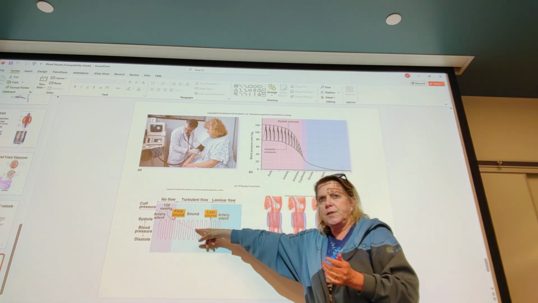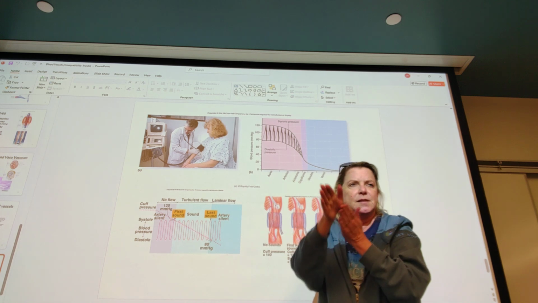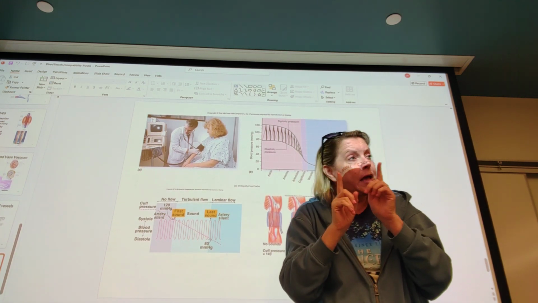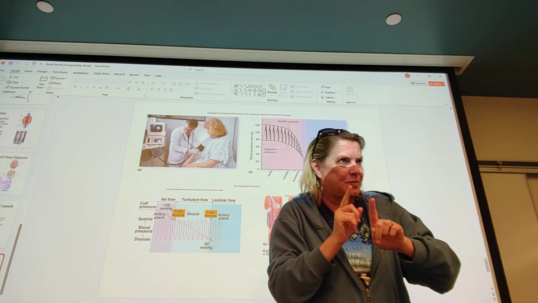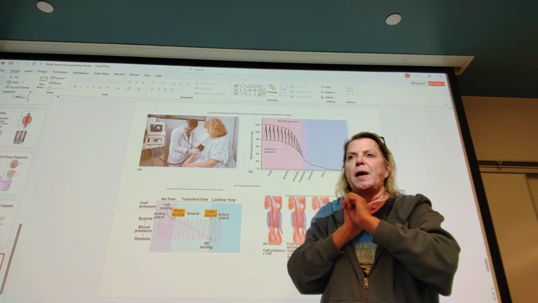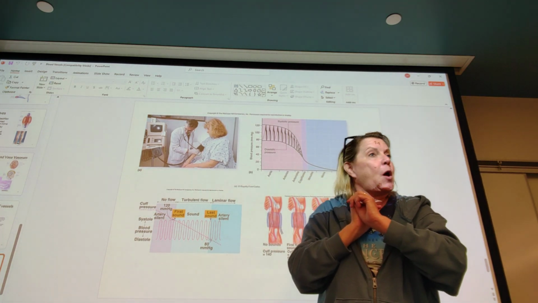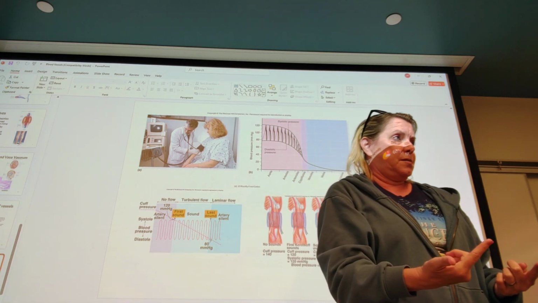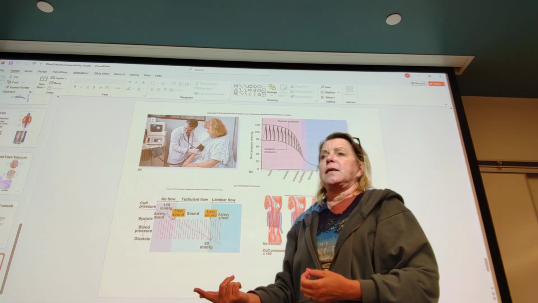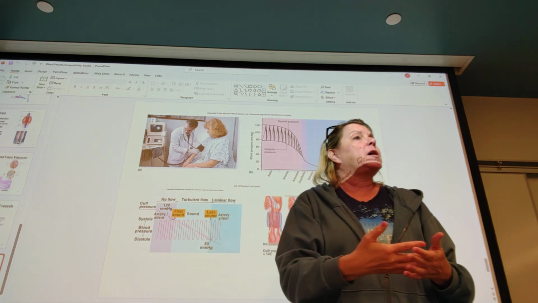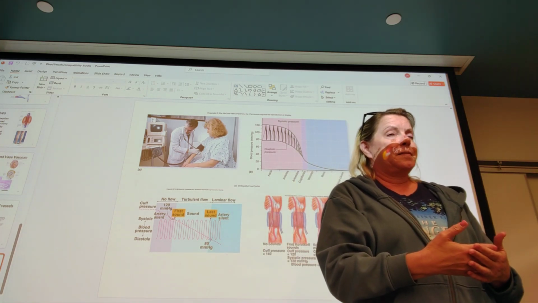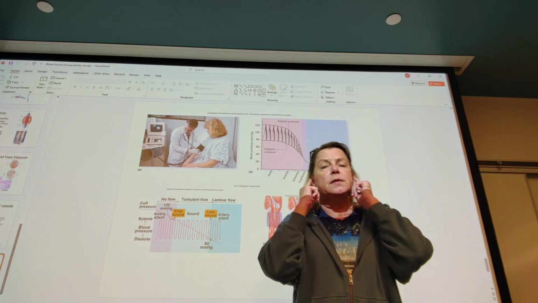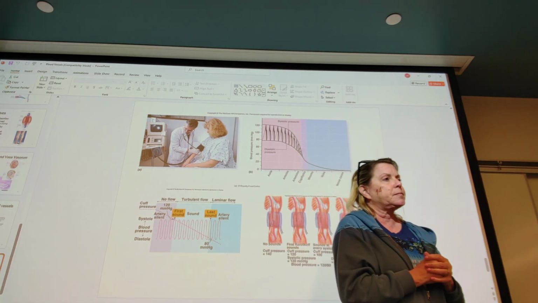The cuff continues to deflate, and the blood goes back to laminar flow. Does laminar flow have sound? No. So as Brian said, when you lose the sound, that's when you look at the dial again, and that will give you diastolic pressure. That's basically how we take blood pressure by the auscultatory method.